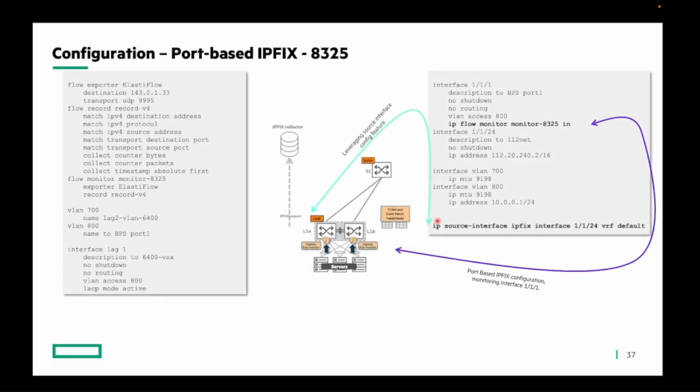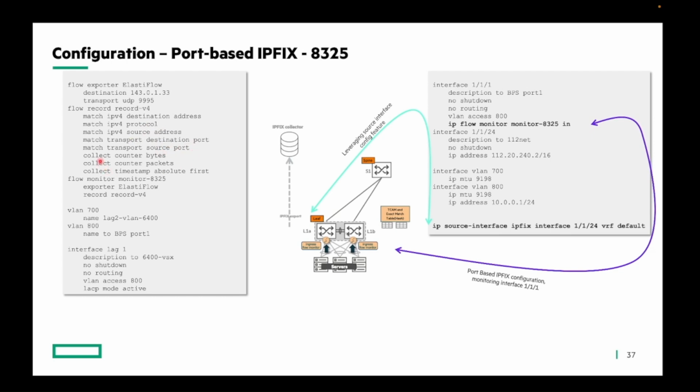Now let's get into port-based IPFIX configuration of 8325. You see the flow exporter I have defined as elastic flow, its destination, the transport UDP port number. Now here there are fewer fields in comparison, right? Flow record for IPv4 is match destination, source, protocol, destination port, source port. That's it.